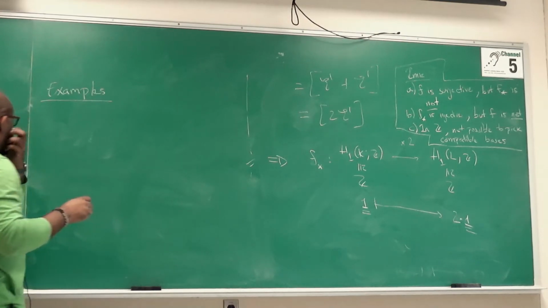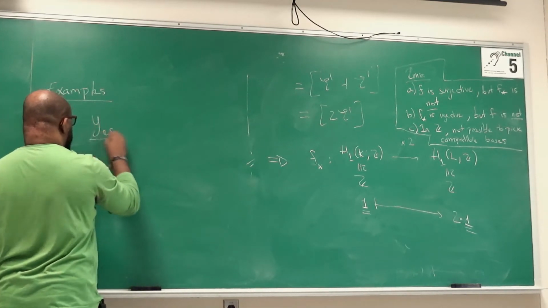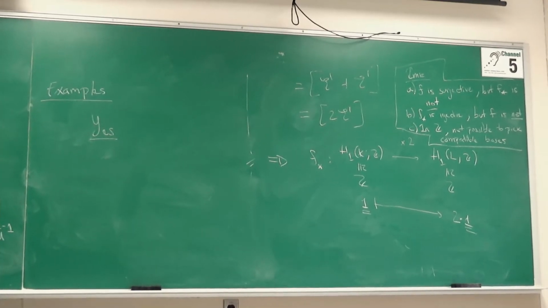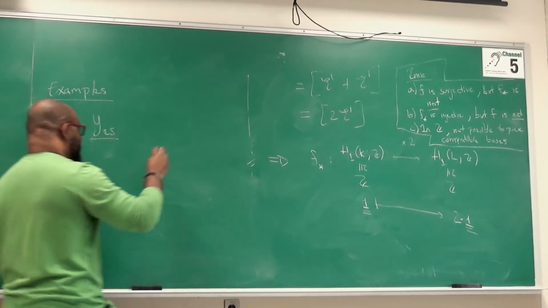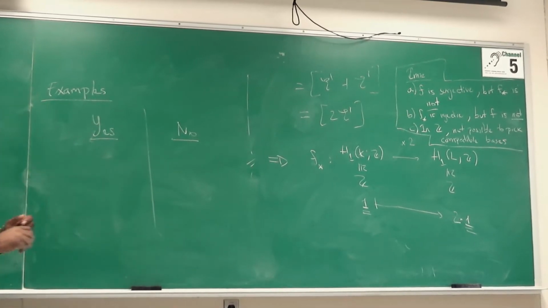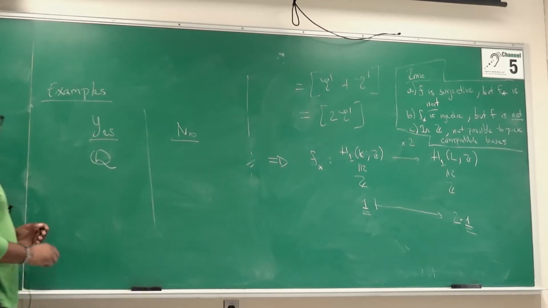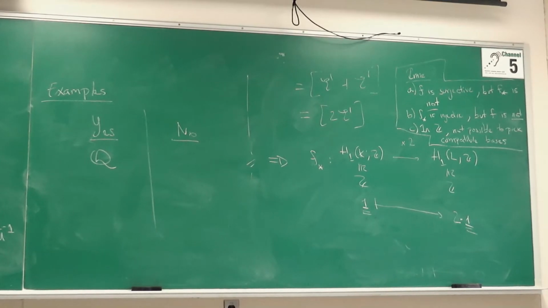And I'm going to do it in 2 columns: the ones that are fields, and the ones that are not fields. The typical example of a field would be the rational numbers, right? We can add fractions, we can multiply fractions. 0 is a rational number, 1 is a rational number.